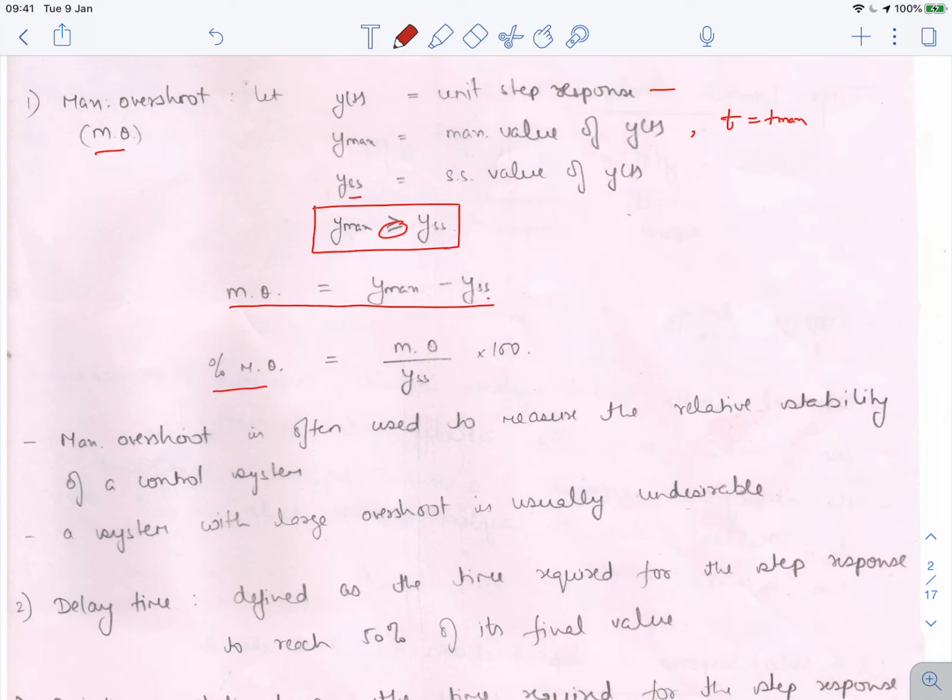One particular significance of this maximum overshoot is that we use it to measure the relative stability of a control system. Why are we calling this a control system? Because consider a plant: we have the input to the plant and the output from the plant. But once we design the controller, the output of the controller, which is the input to the plant, is no longer free.